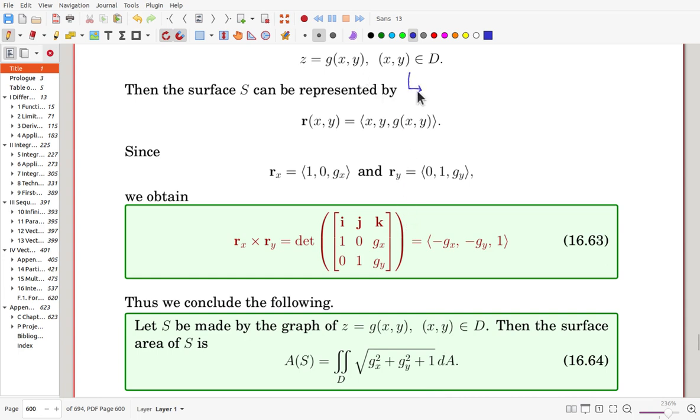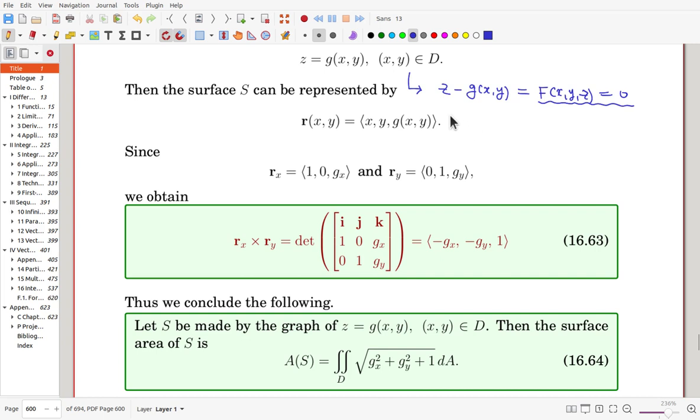From the equation, you can get z equals g of x, y. We may consider this portion as a function of x, y and z, and after moving it to the left-hand side, it equals 0. So this portion represents a level surface.